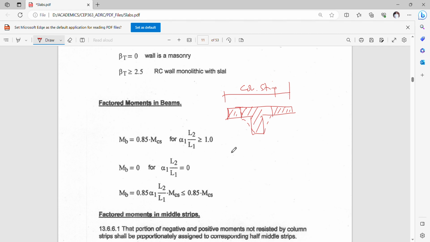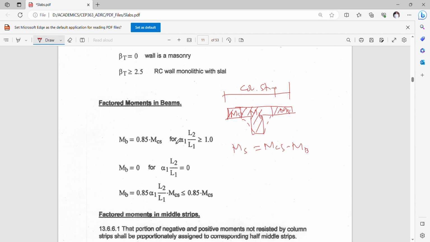So your M at the slab, this is your MS, and this is your MB. Your MS is simply equal to MCS minus MB. Whatever remains will be your MS of the slab. And you have to design it one by one. So the reinforcement for this is different, the reinforcement for this is different. And this is the proportion.